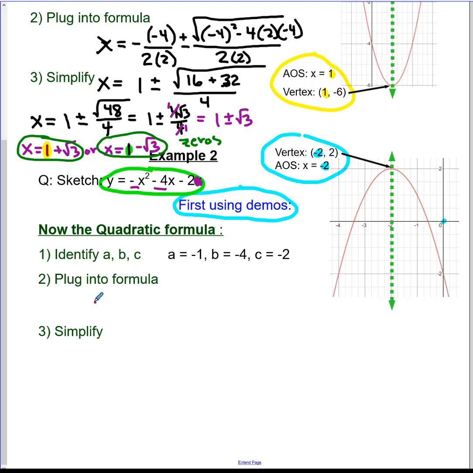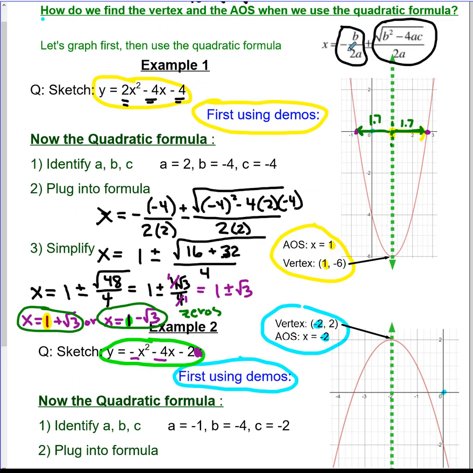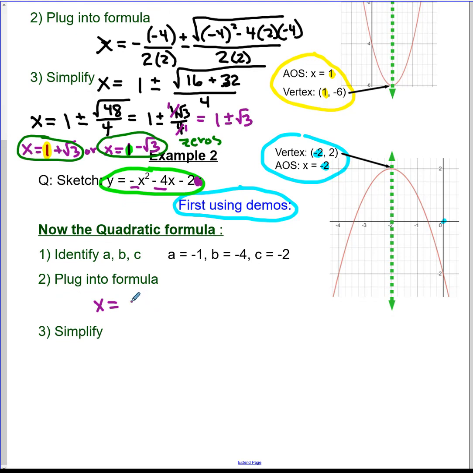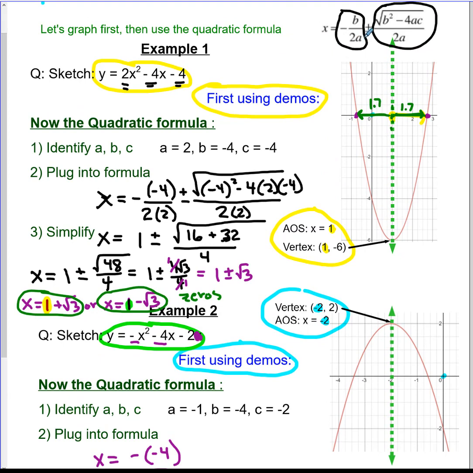Okay, so it's x equals, of course. Remember, we're going to use this quadratic formula here. Remember, always use this form. We'll give you this form in the quiz, so you don't have to memorize it. It's in 2 parts. You always want it to be in 2 parts when you fill it in. So x equals negative b, b is negative 4, so negative negative 4 over 2a. I'm just reading off this formula here.